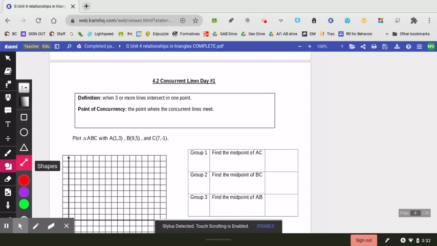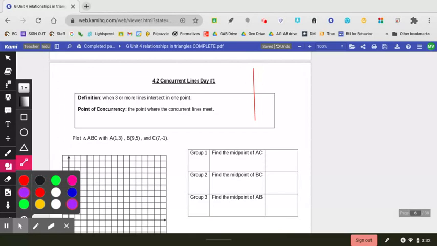So, if I over here draw this red line, this purple line, and then this green line, these three lines are concurrent because they all intersect at this blue point.